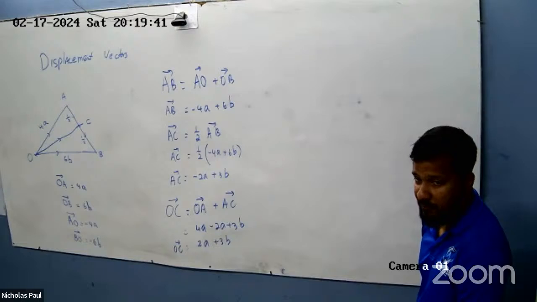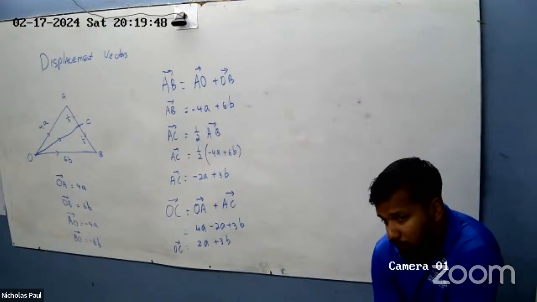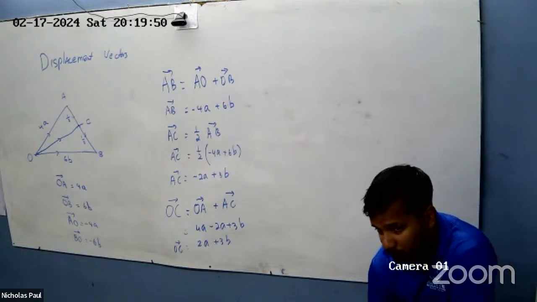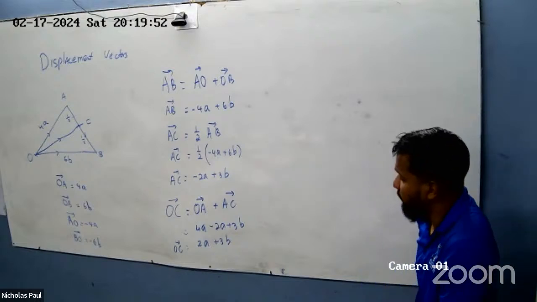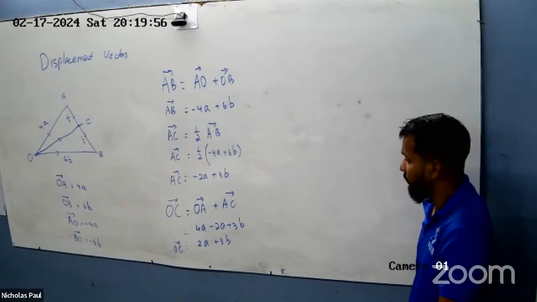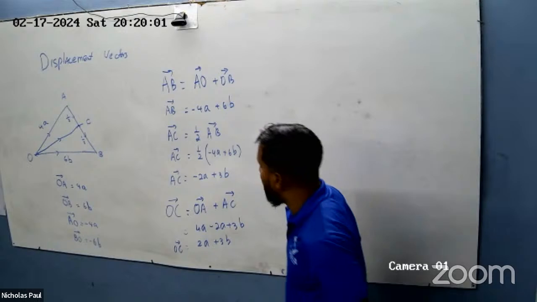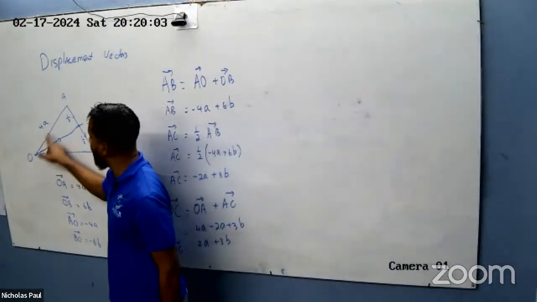See that? Minus here. So isn't OA negative? No, OA won't be negative. OA is with the arrow.